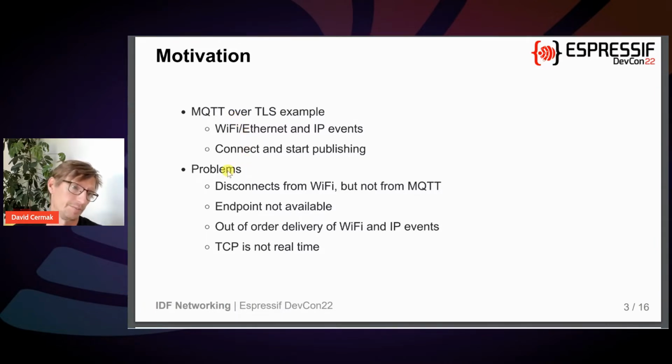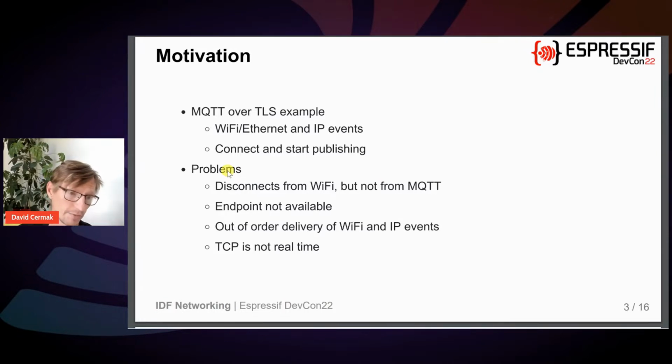But the problems that users could encounter with this specific example and with other networking applications is that we could get disconnected from the Wi-Fi, from the network, or from the MQTT broker. We could see that the endpoint is not available. In our case, the MQTT broker is offline.